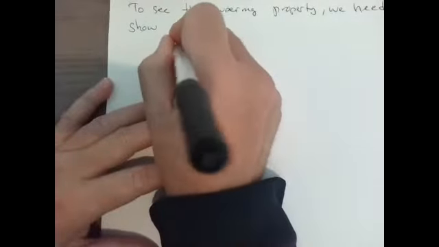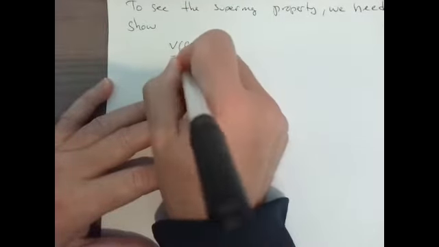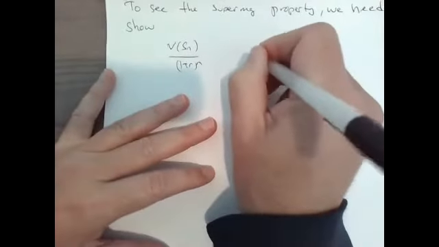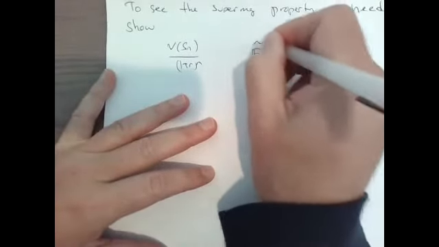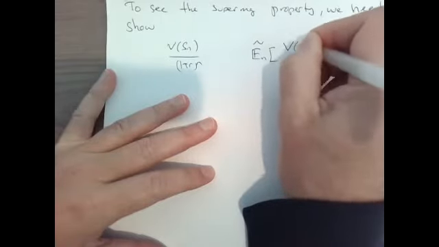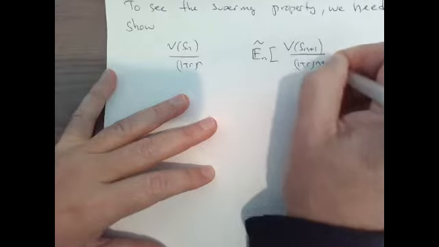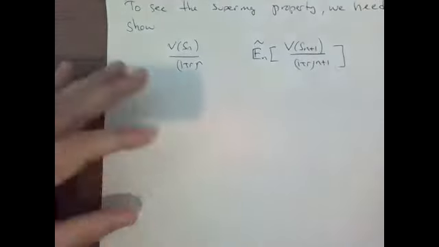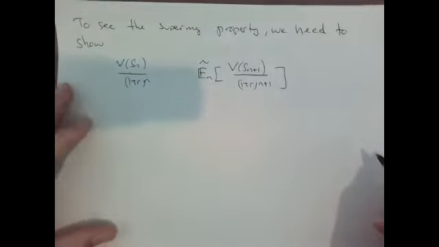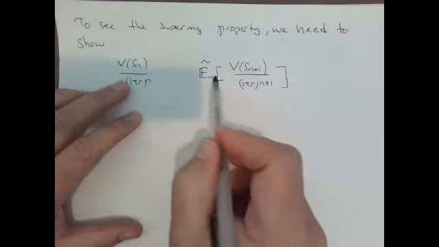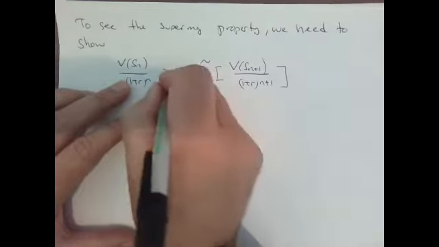We need to show that V of Sn divided by 1 plus R to the n, that's going to have a relationship with, when I look at it one point later, V of Sn plus 1 divided by 1 plus R to the n plus 1. If it's a super martingale property, I expect it to go down.